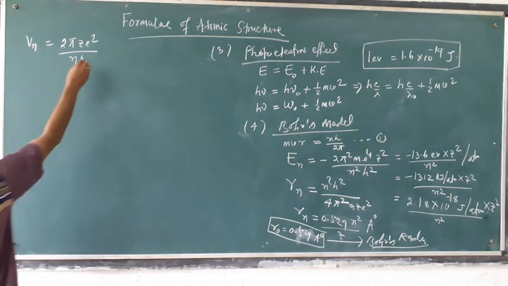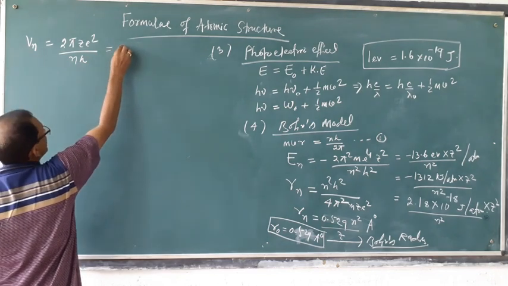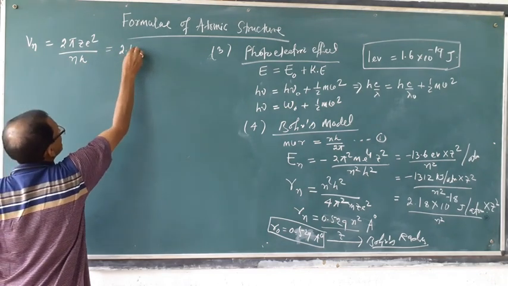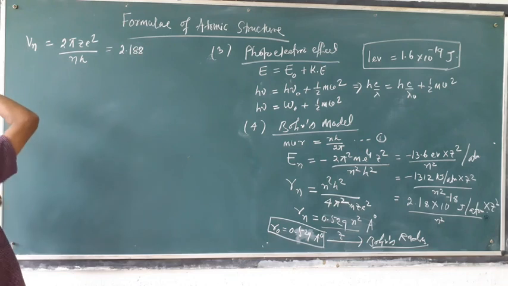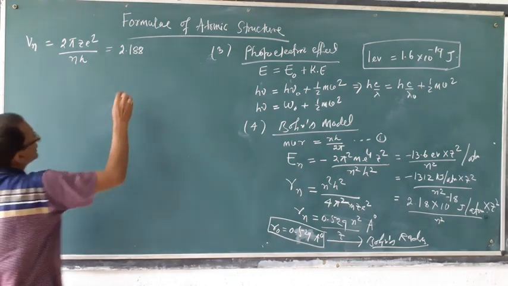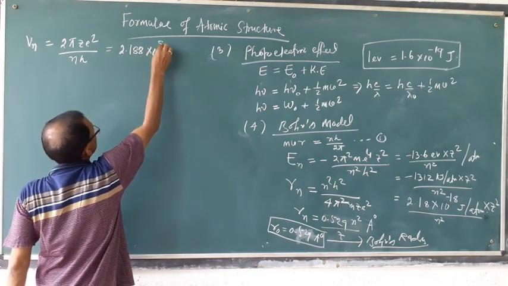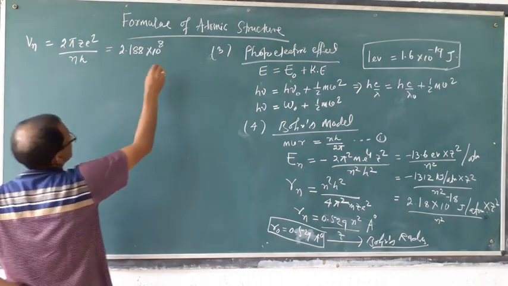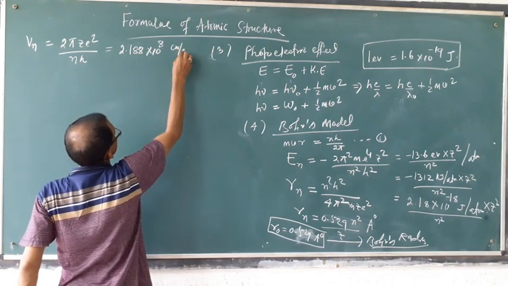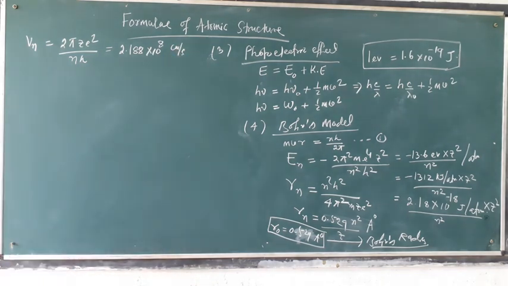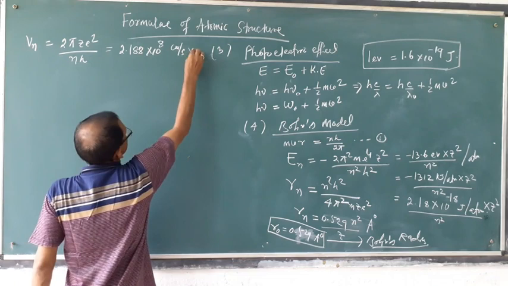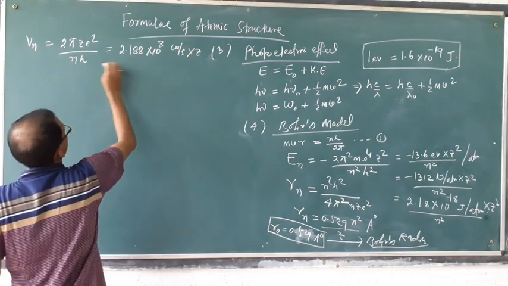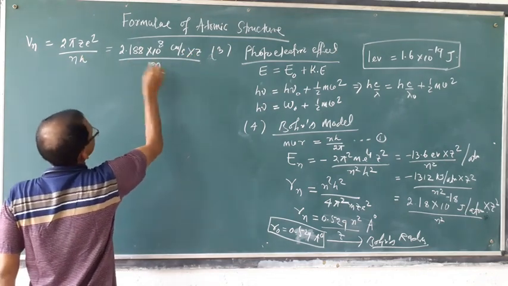If you put the values, it will be 2.188 into 10 to the power 8 centimeter per second into Z upon n.